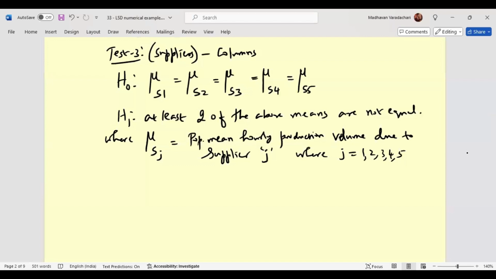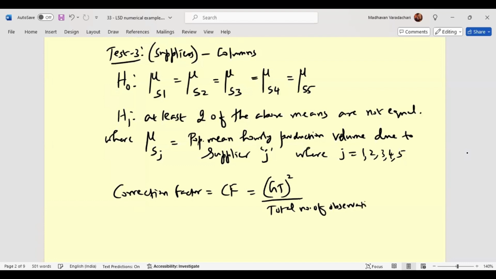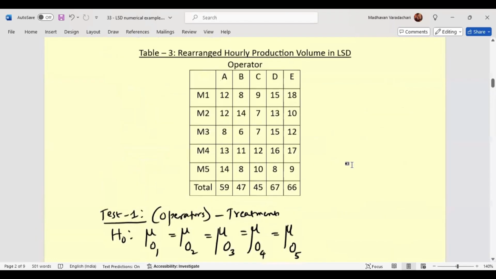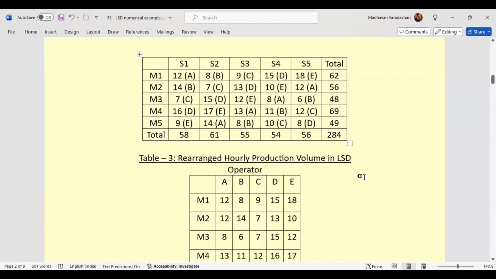So the very first step is to find out correction factor. Correction factor, which is briefly abbreviated as CF. CF is the grand total square divided by total number of observations. Here the grand total, let us see what it is, 284.